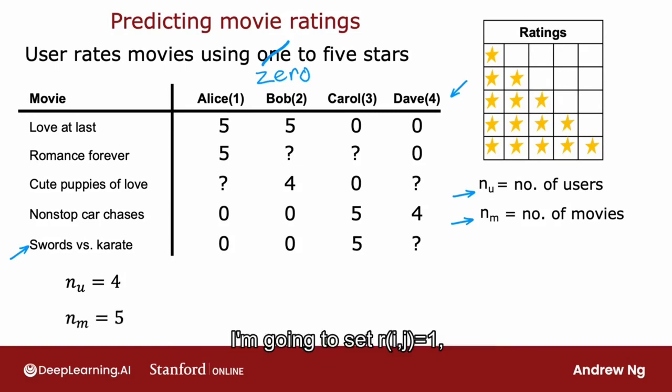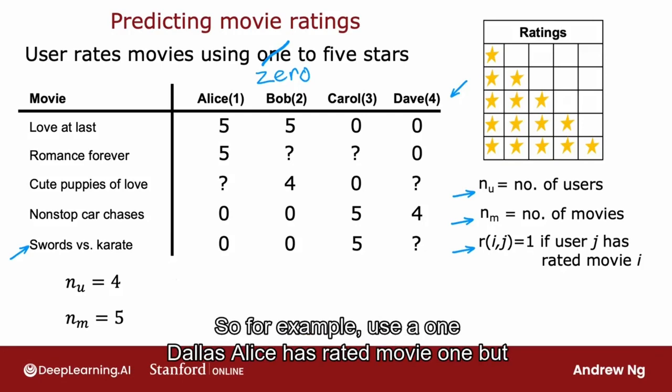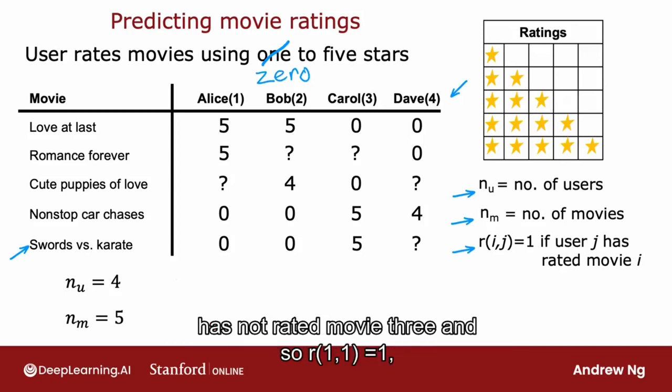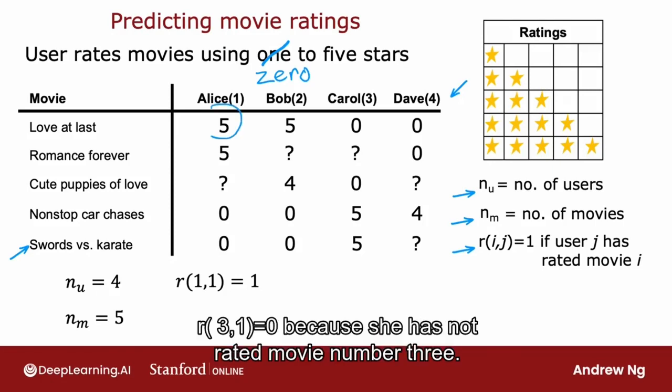I'm going to set r(i,j) to be equal to 1 if user j has rated movie i. So for example, user 1, that is Alice, has rated movie 1 but has not rated movie 3. And so r(1,1) will be equal to 1 because she has rated movie 1, but r(3,1) will be equal to 0 because she has not rated movie number 3.